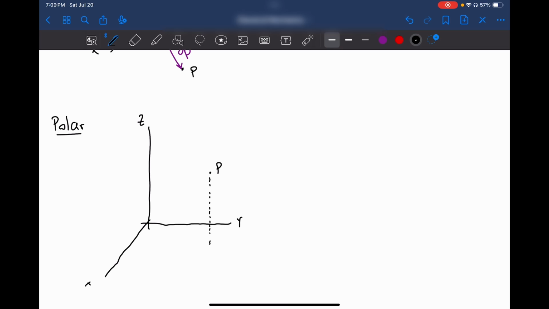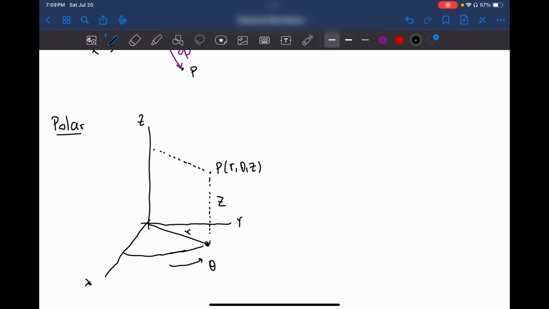But we're instead going to describe it with a radial coordinate that radiates from the origin, we'll call it r, and a theta component, an angular component, that goes counterclockwise from x to y. And also a z component right here. And so P has components r, theta, and z.